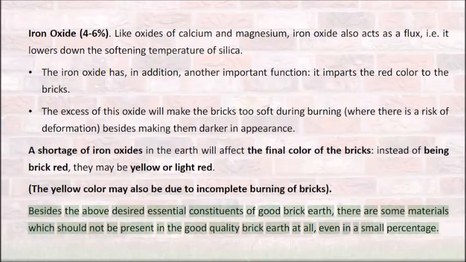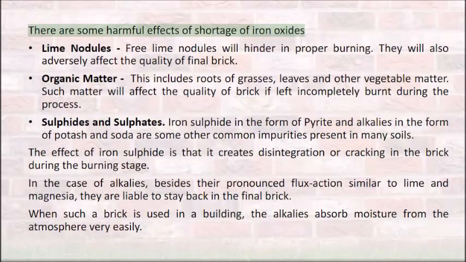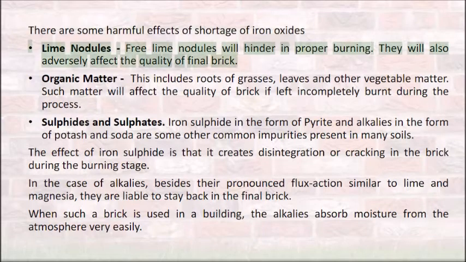Besides the above desired essential constituents of good brick earth, there are some materials which should not be present in good quality brick earth at all, even in a small percentage. Lime nodules.